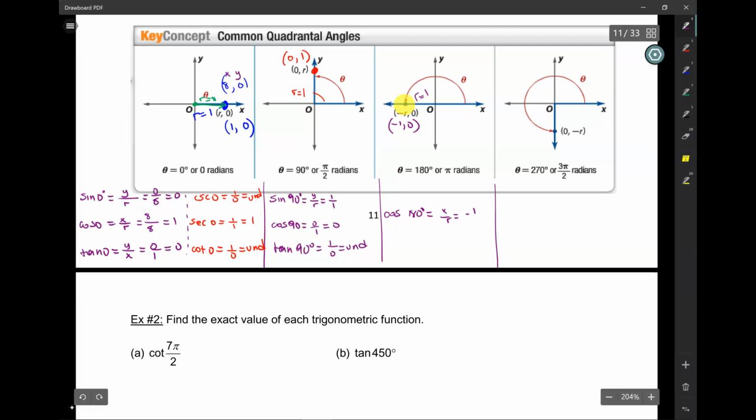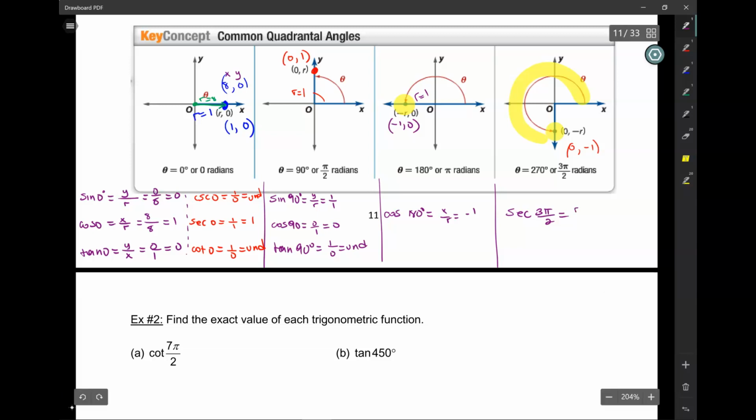Last but not least, my point could be here, where it makes an angle of 270 degrees, and a possible coordinate there is 0, negative 1. So let's do secant of 3 pi over 2 this time. Okay? Secant is like the cosine.